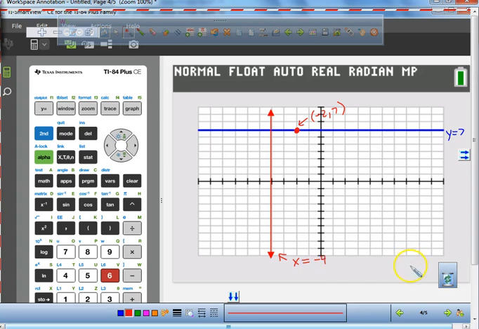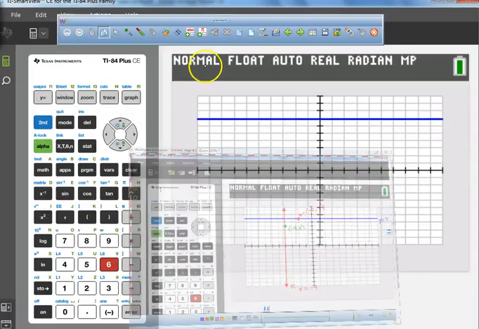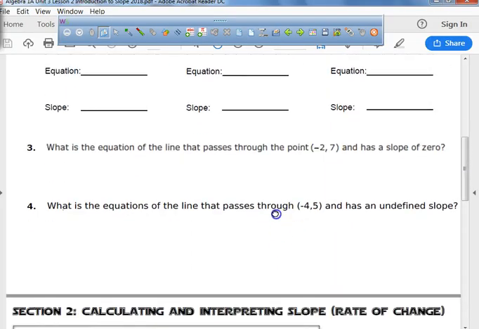And what was the ordered pair that was supposed to be on that graph? -4 and a +5, right? -4 and a +1, 2, 3, 4. So is this point right here on that line? -4 and a 5. It is. This is an undefined slope. This is a 0 slope. Okay? So, front page, totally done.